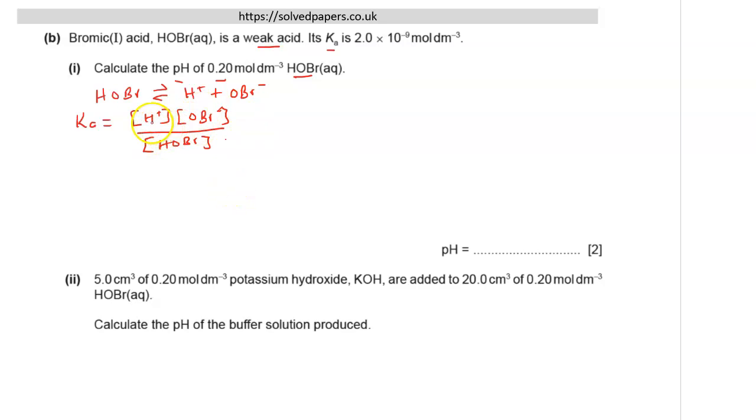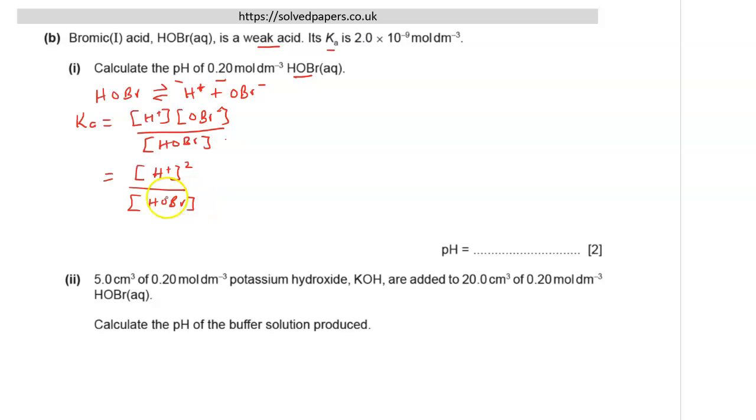When it dissociates, we get 1 mole of hydrogen ions and 1 mole of OBr. So we can simplify this further by indicating that the concentration of hydrogen ions will be the same as concentration of OBr ions. So it's basically like concentration of hydrogen ions squared over the concentration of bromic acid right there.